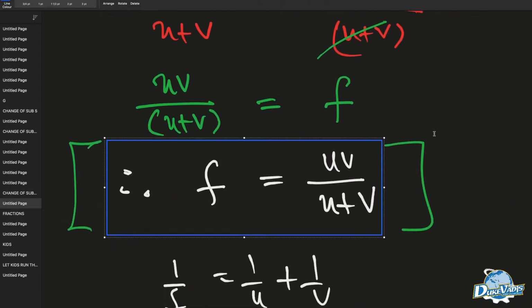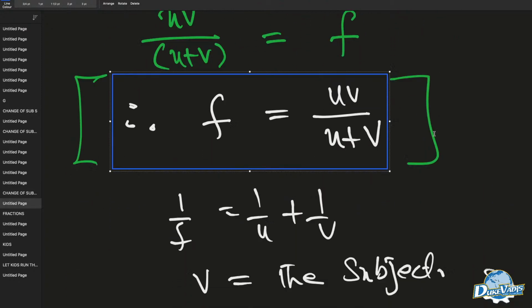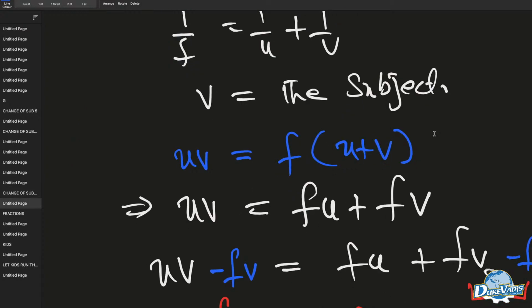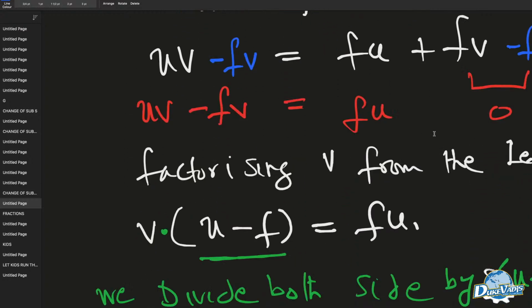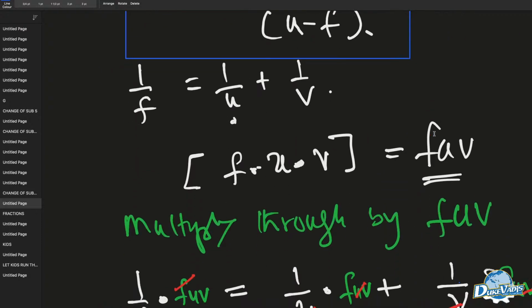Then we brought it here. After that, we expanded the right-hand side. Then we separated the V terms on the left-hand side. Then there we are, we're able to attain our change of subject.